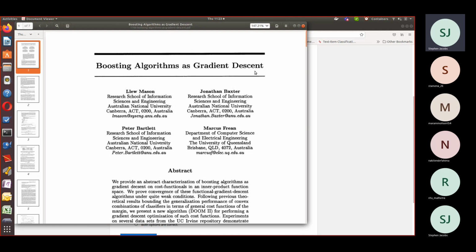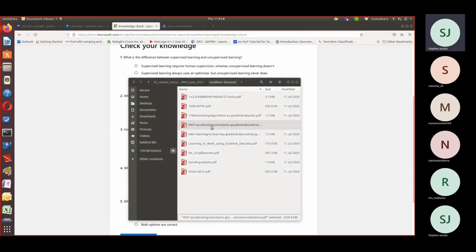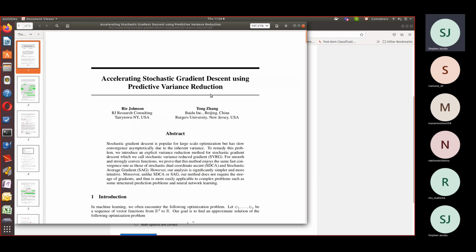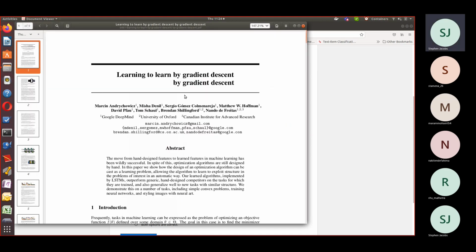Boosting algorithms as gradient descent. This is talking about changing the number of elements there are in a particular classification. There's another paper here on accelerating gradient descent using predictive variance reduction, which is a parameter that's come straight from the data. Learning to learn by gradient descent.